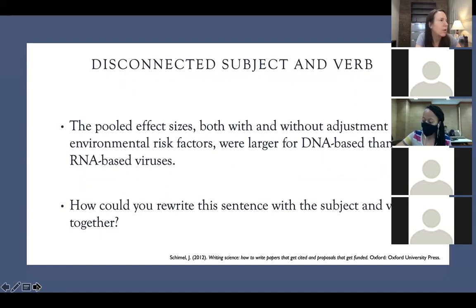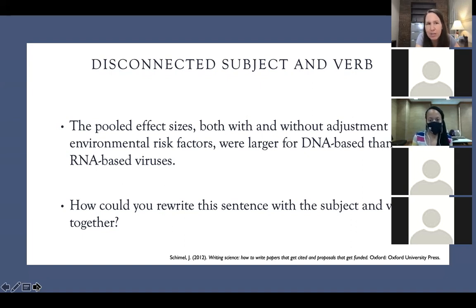In this example, though, we have a disconnected subject and verb. "The pooled effect sizes, both with and without adjustment for environmental risk factors, were larger for DNA-based than RNA-based viruses." Hopefully you notice this sentence is a little cumbersome to take in.